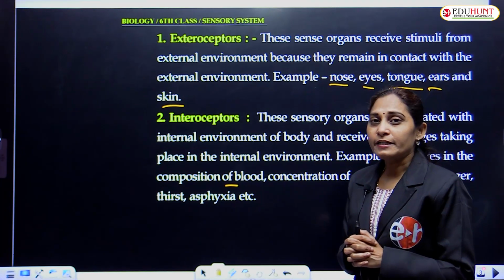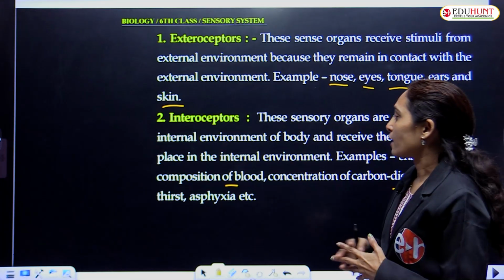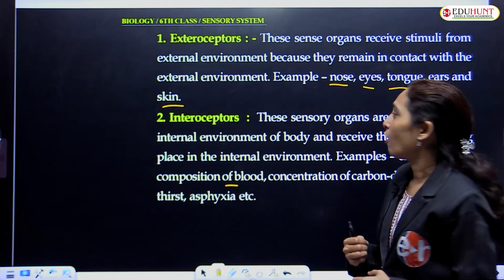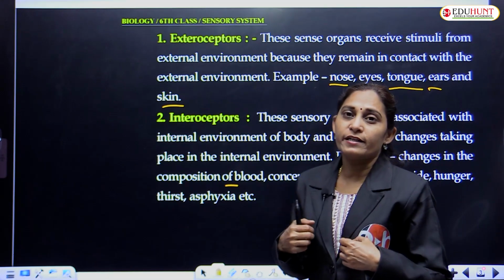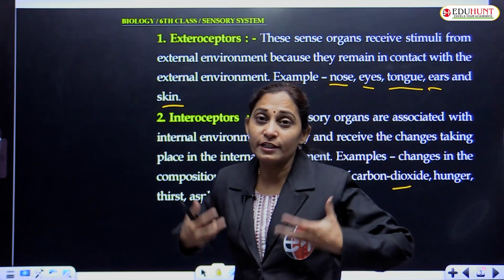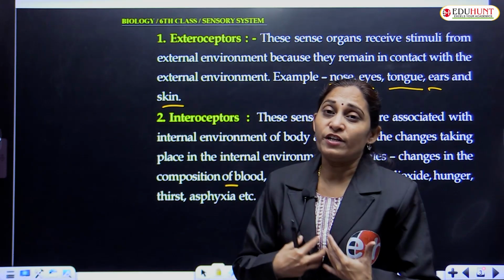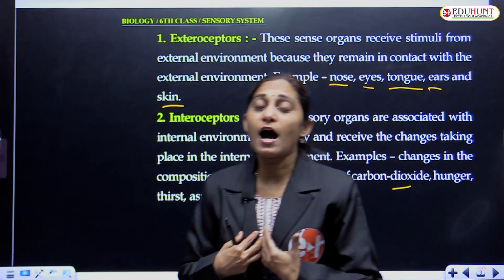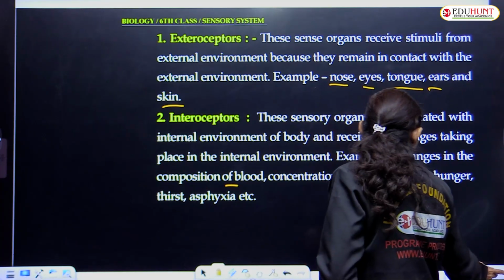These are internal changes that occur in the internal organs. These sensory organs are associated with the internal body environment, like blood and different organs, internal organs like the heart, lungs, all these structures.